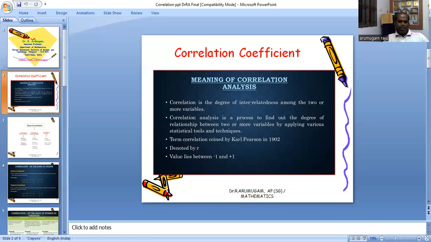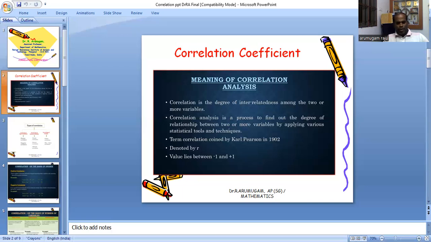Partial correlation means we take more than two variables and study the relationship while excluding some other variables. Multiple correlation means we take the relationship among more than two variables. Therefore, the given correlation is said to be multiple correlation.